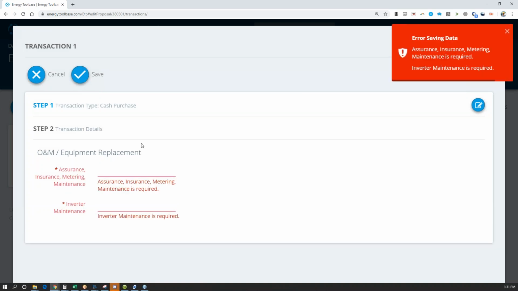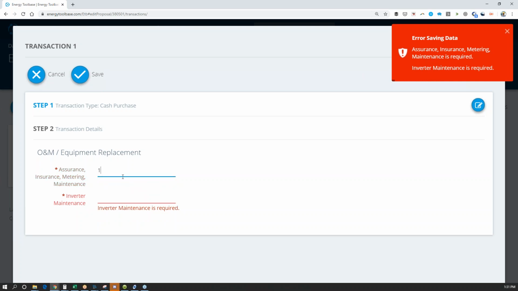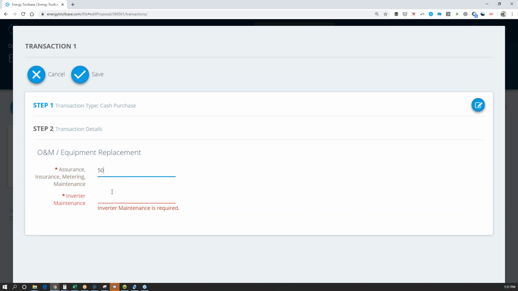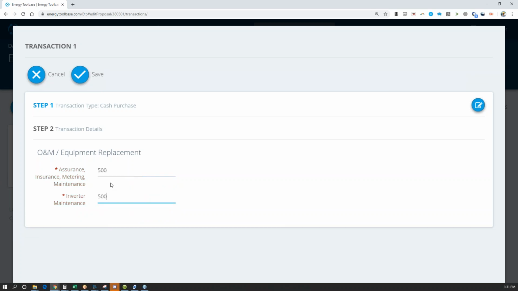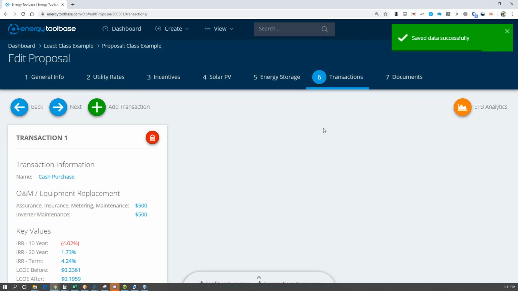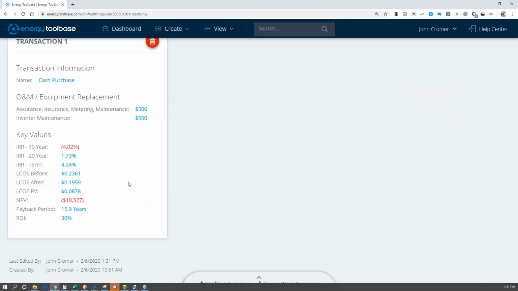Why don't we just put in, let's say, $500 and $500, although it's probably more than that. So we're budgeting in $1,000 a year in an added cost for this project, just because we need to plug in something. And so it's telling us that this payback is at 16 years.